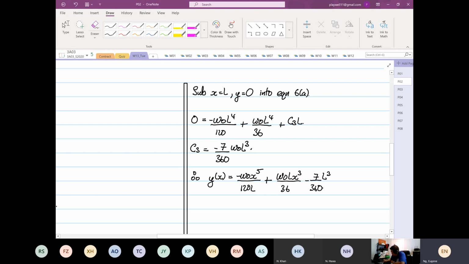So the whole thing, you bracket, because it's now y as a function of x, you have to multiply the whole term by 1 over EI.